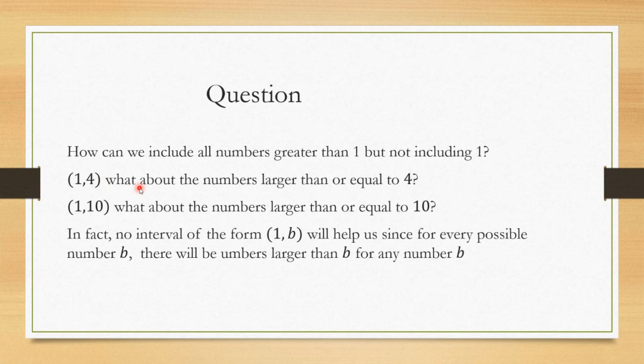What about if we did something like this, 1 to 10? That's also not going to help us, right? Because 10 itself is not in here. Not only that, there are numbers bigger than 10, like 20, that are not included. That's not going to work either. So what do we do?